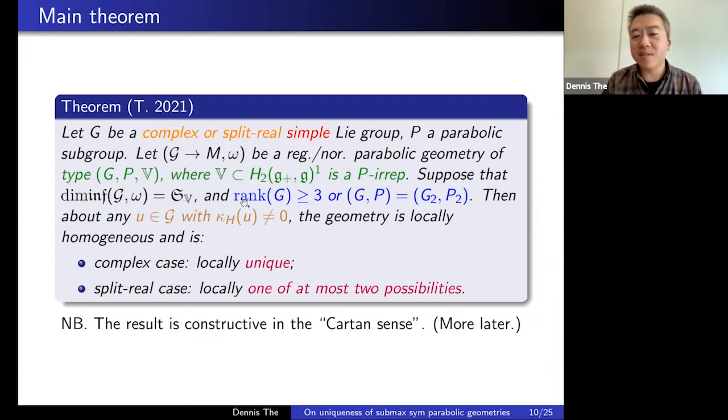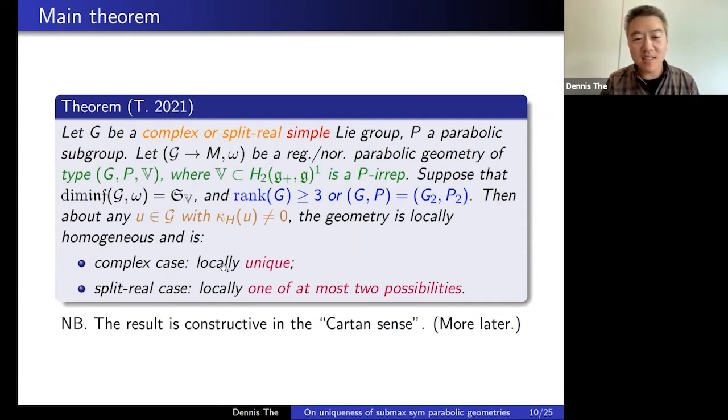So here's the main hypothesis. You saw in low dimensions, things are not very nice, but as soon as you hit the next one, so rank at least 3, or actually there's one nice case in the rank 2 setting, then about any nice point, where harmonic curvature is non-zero, the conclusion is that the geometry is locally homogeneous, and in the complex case, it's locally unique.